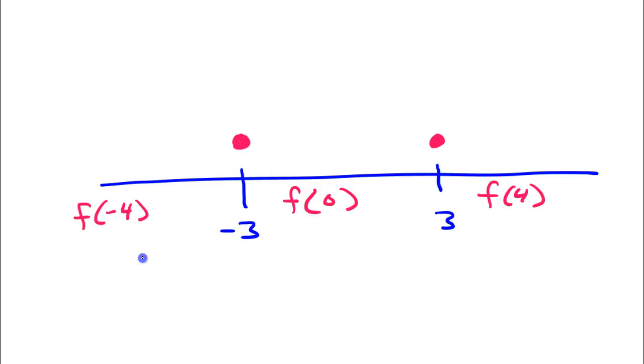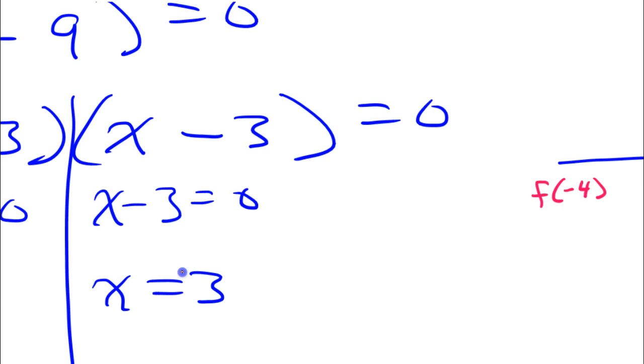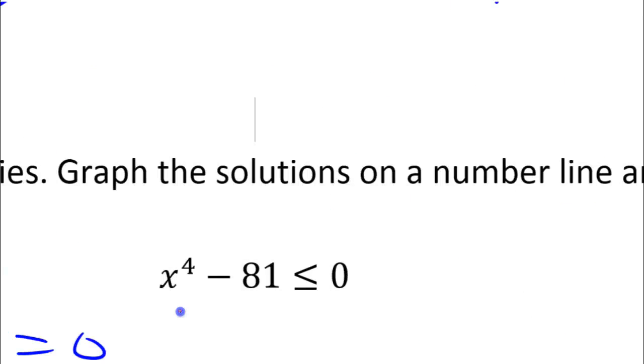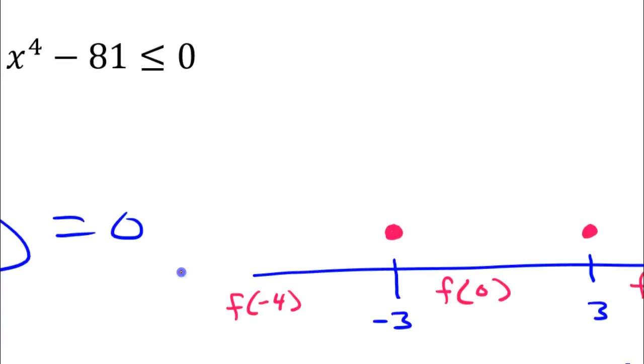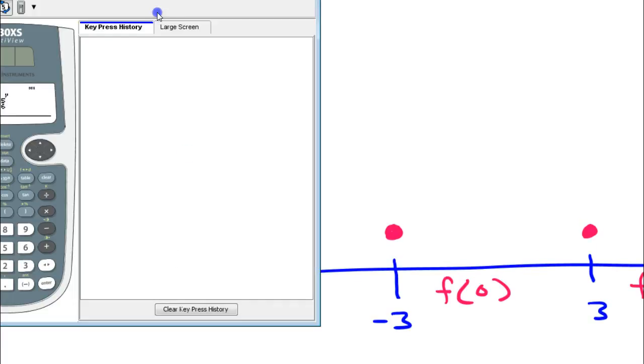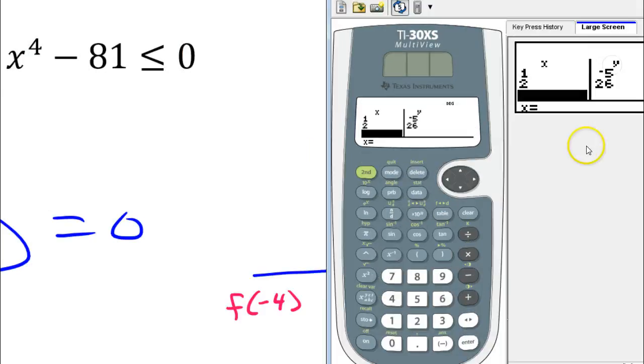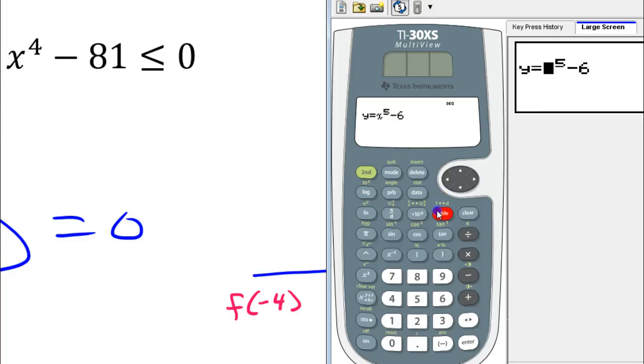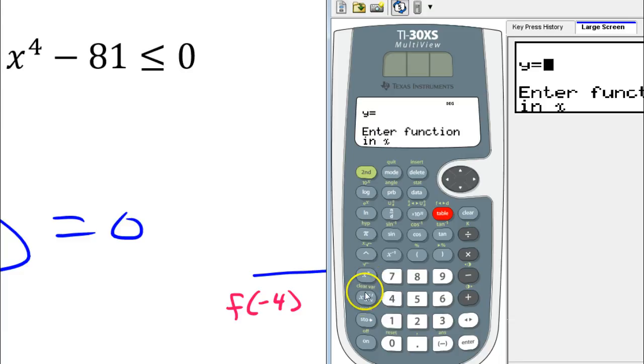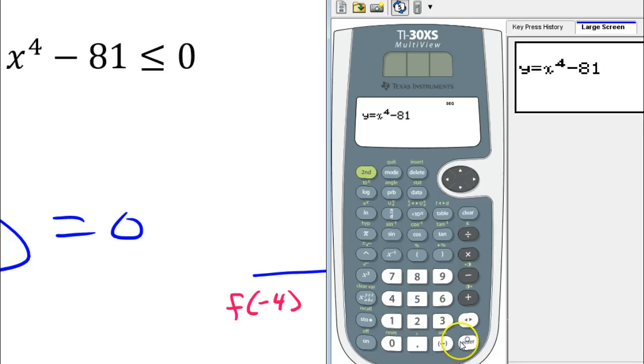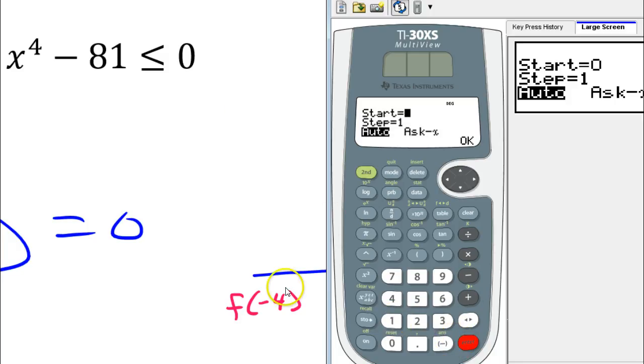Okay, so let's evaluate these. I'm going to use my TI-30XS MultiView to help me evaluate. Okay, so grab your calculator, hit the table button. So I've got x to the 4th power minus 81. For this kind of evaluation, I like to use Ask X mode.